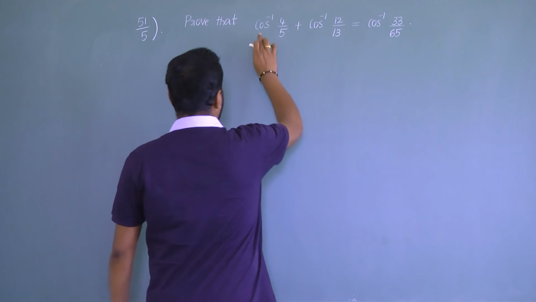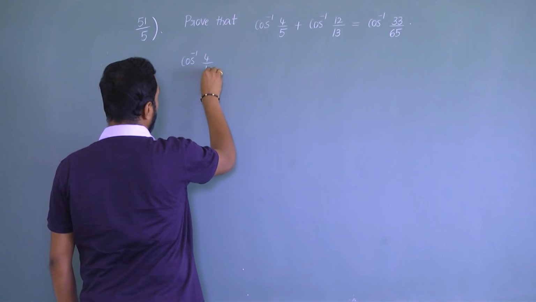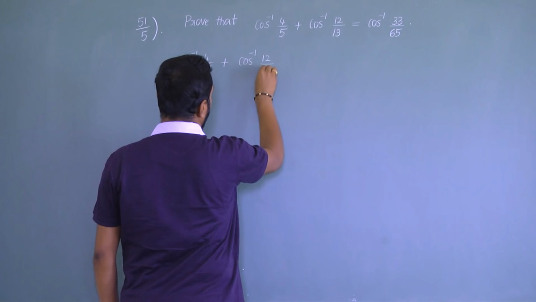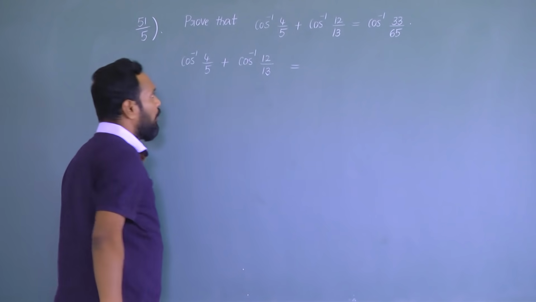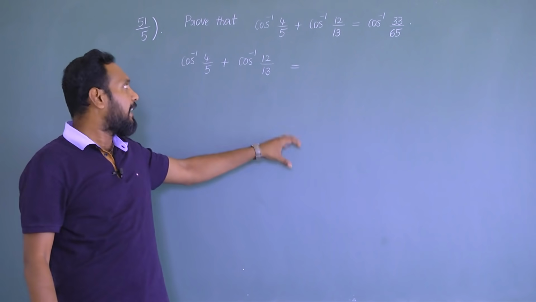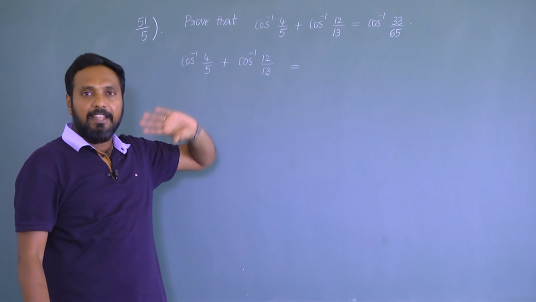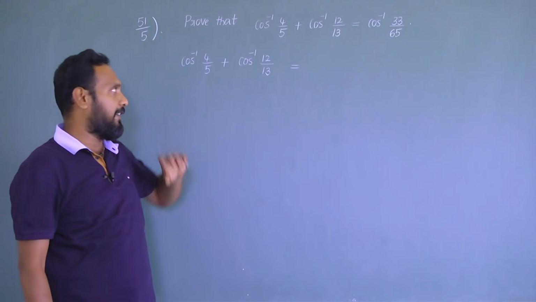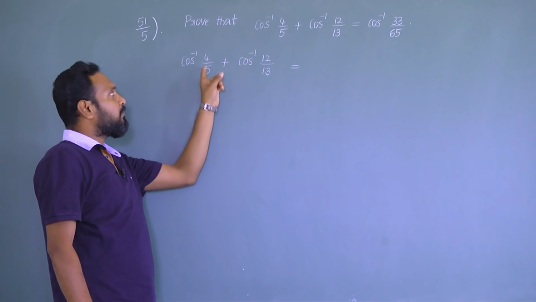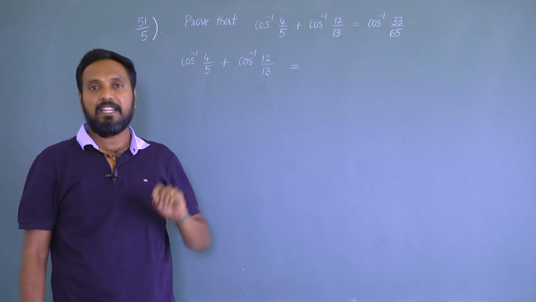Now, first, cos inverse 4 by 5 plus cos inverse 12 by 13 equals to. I already told in the first problem, you can write it in terms of tan inverse in 3 to 4 steps, but directly you need to analyze in your mind. As the cos function is present, adjacent side 4, hypotenuse 5, automatically opposite side becomes 3.